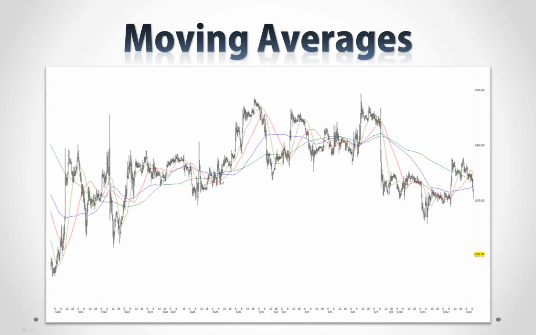As you can see, for example here, providing support for price in this trending upward move, the 50-day, you can see price came back and bounced off of it a few times, and it provided similar support to what a trend line would show.